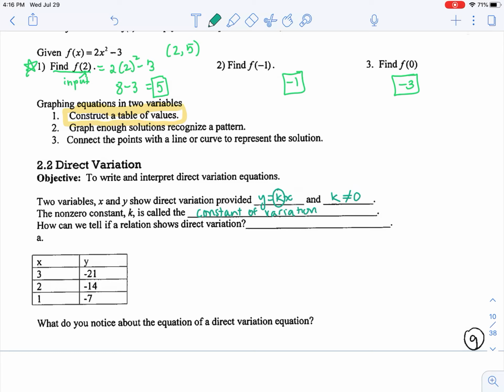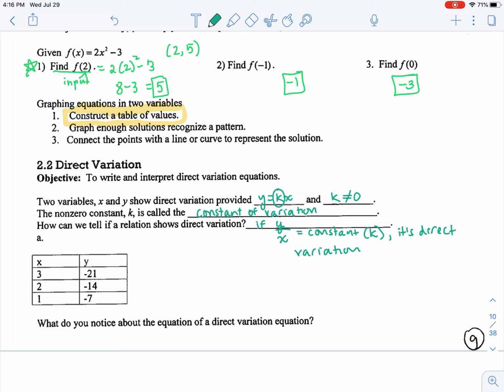We can always solve for that constant of variation by dividing by x. So y over x is constant, constant means that it's the same number each time. So we'll put in parentheses k.